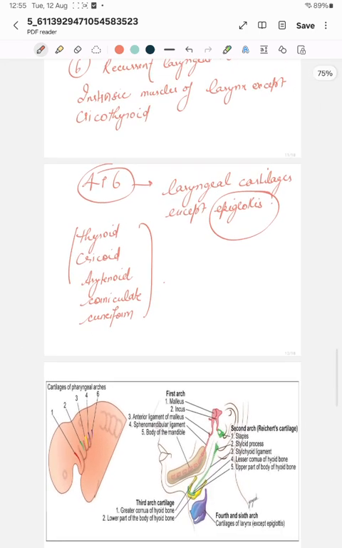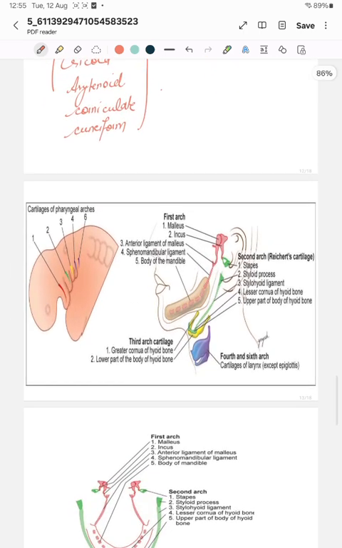Okay, so we should see some diagrams. So this is the first arch. We have already seen its derivatives: malleus, incus, anterior ligament of malleus, sphenomandibular ligament, mandible, the body of the mandible. Second arch, Reichert's cartilage. First arch was Meckel's cartilage.